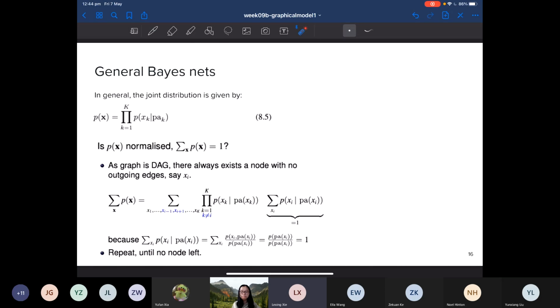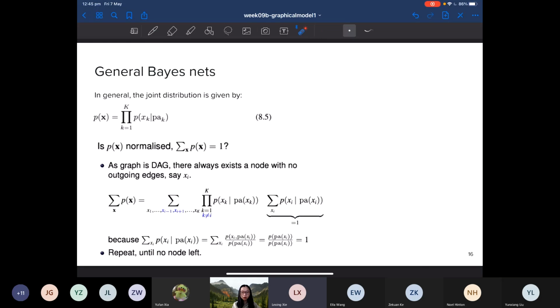For each of these terms, we know that P of X is a product of conditionals of the same form. We also know that for each of these conditionals, if we sum over the variable in front, it's properly normalized. So the conditional probabilities themselves are properly normalized.